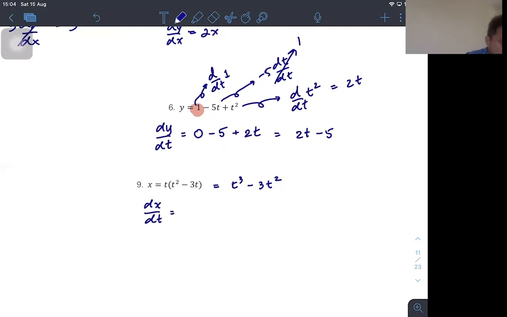It will be diff t power 3, and minus 3 diff t squared. It would give you 3t squared and minus 3 times 2t. So your final answer will be 3t squared minus 16.